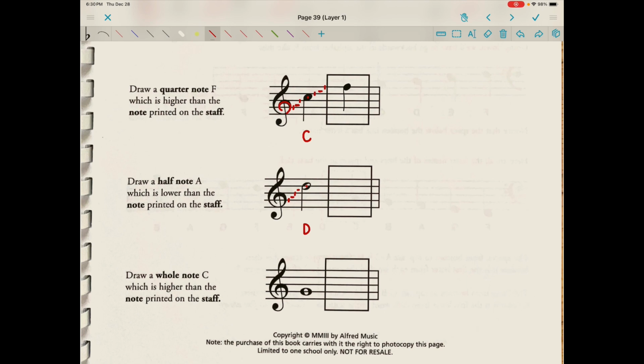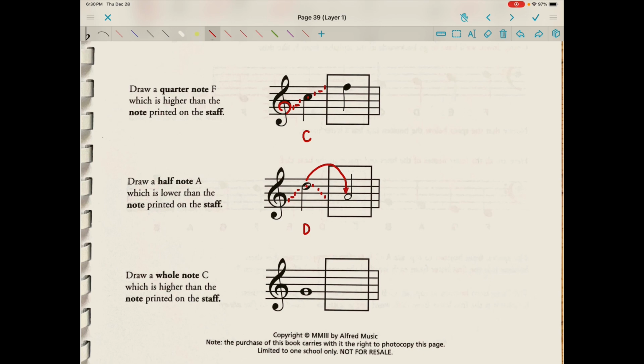So we're going to go backwards through our musical alphabet from a D to a C to a B to an A. Draw a half note right here on space 2, and the stem will go up and on the right because our note head is below line 3. So notice that we skip down from this D to this A.